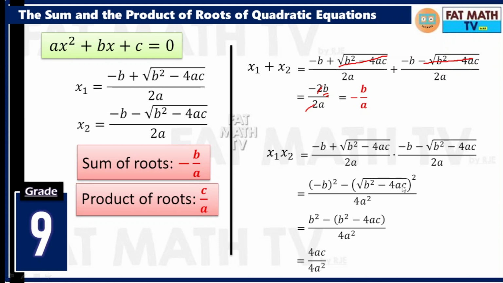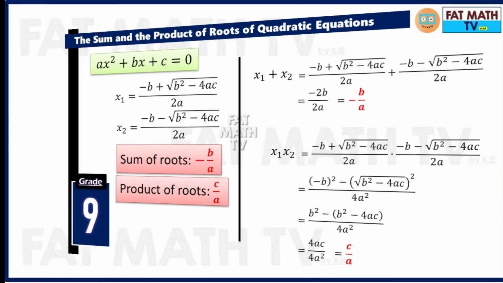You will then have b squared minus b squared plus 4ac over 4a squared, and then that will give you 0 plus 4ac, or that is 4ac. And then you can cancel the 4a and the 4a, and then if you cancel a here, you'll cancel 1a, and then you will be left with c over a. So indeed, the product of the roots is c over a.